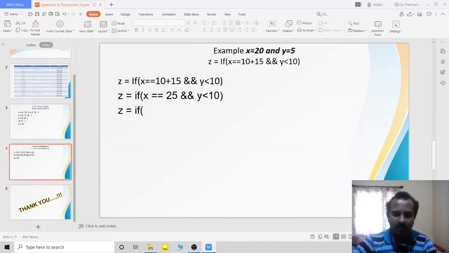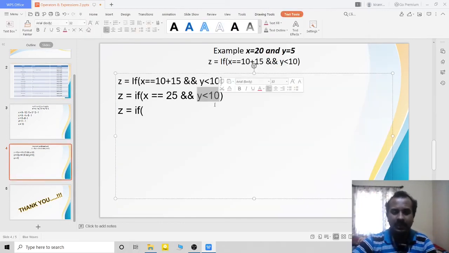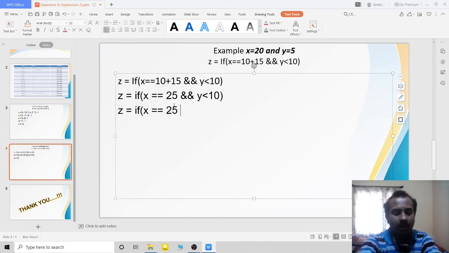So let me solve this one first: y is lesser than 10. What is the value of y? Sorry, the y value is 5. 5 is lesser than 10. What is the output of a relational operator? It is true or false. So my output will be true, or you can say my output will be 1.